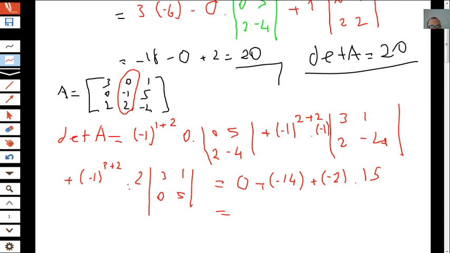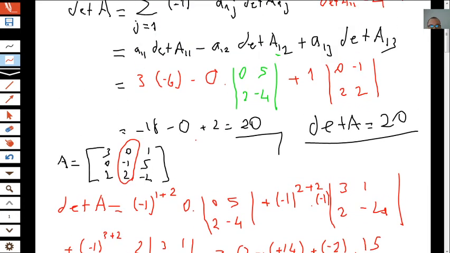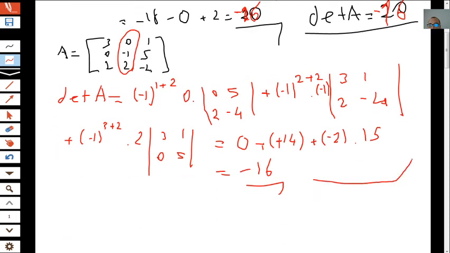Therefore we have plus -1 times -12 minus 2, which becomes -14 for the determinant. -14 times -1 becomes plus 14, and this one is -2 times 15, so we should obtain -16. Let's look at here. Yes, this should be -16. Okay, we have the same results.